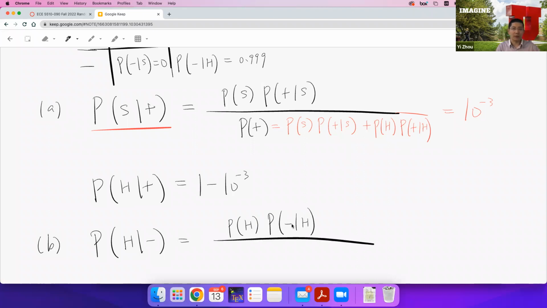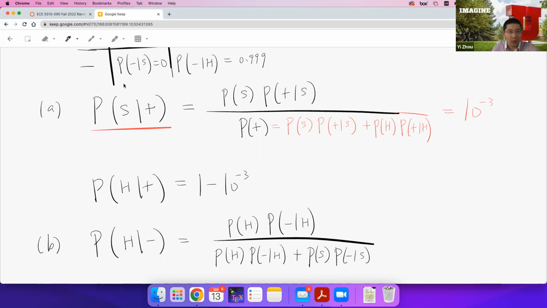We're looking at the probability of testing negative given healthy, where the denominator is this one.